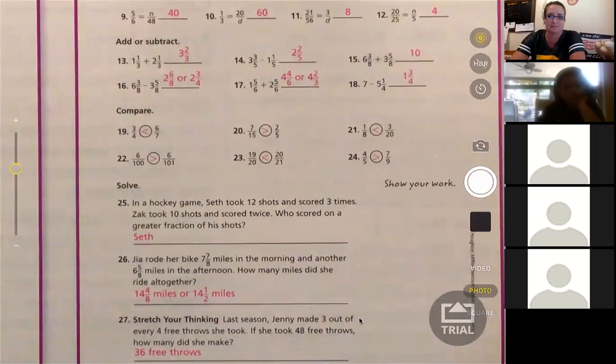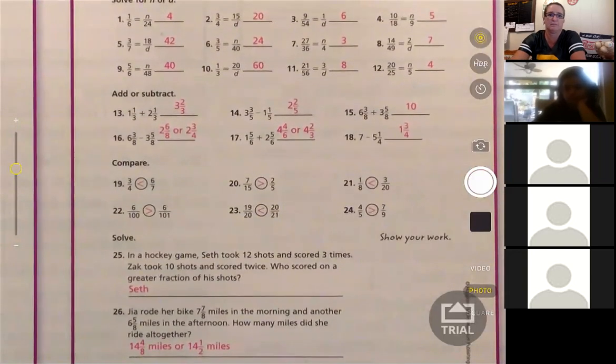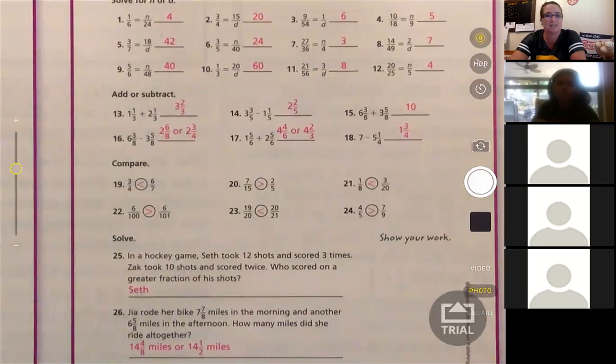You went too fast on the top. Okay, I'll move it back down in just a second. Any questions? What was number 27? Number 27 was 36 free throws.